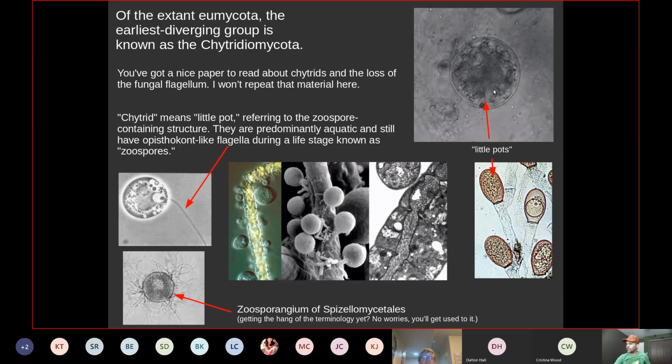So this is a chytrid. It literally means little pot. Okay? And that's because their main body form is basically a little sphere. Okay? And they've got these hyphae that come out and kind of move into the pine pollen or the amphibian or whatever it is they happen to be eating. Okay?